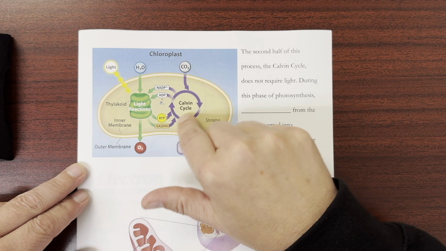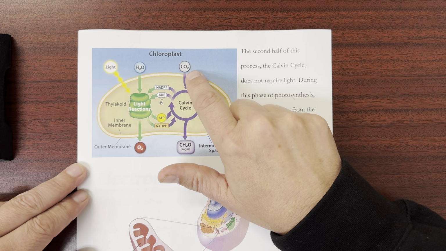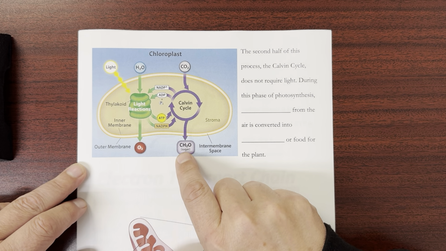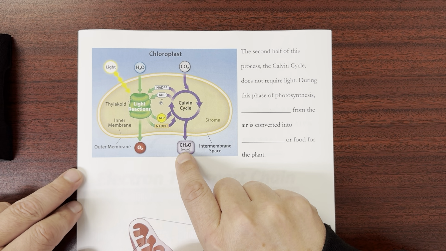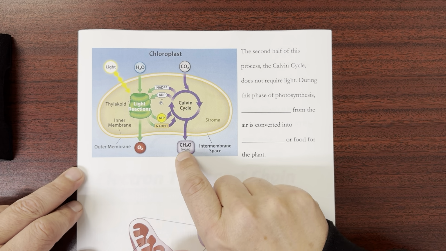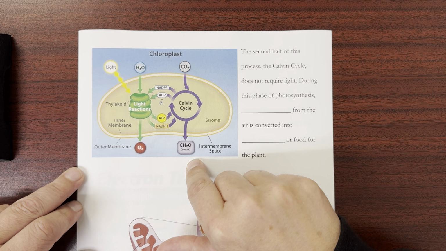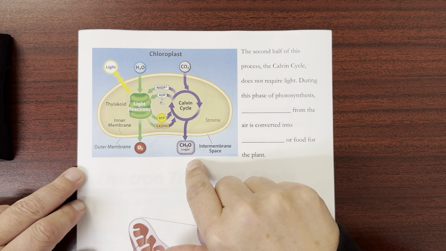So during the Calvin cycle, the CO2 is rearranged and the plant can make sugars. This is the basis of our food chain, right? Plants making sugars or food that could then be eaten by other creatures.